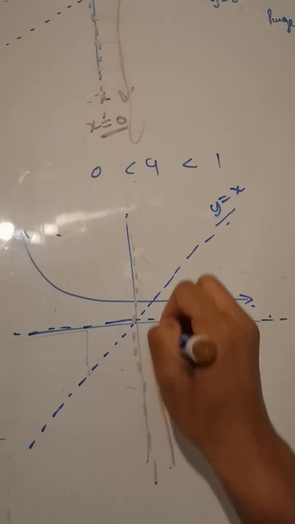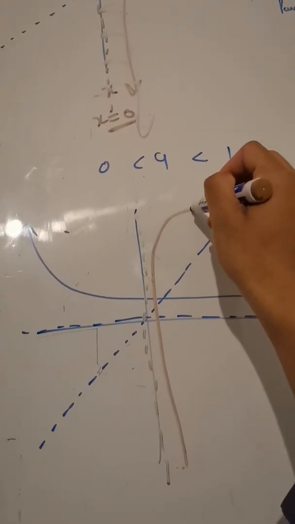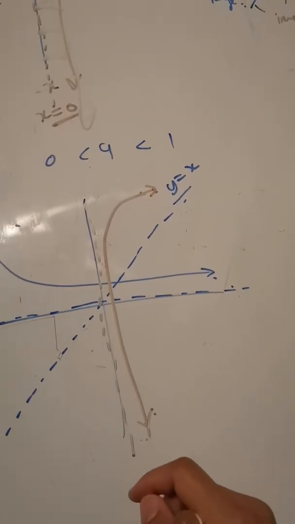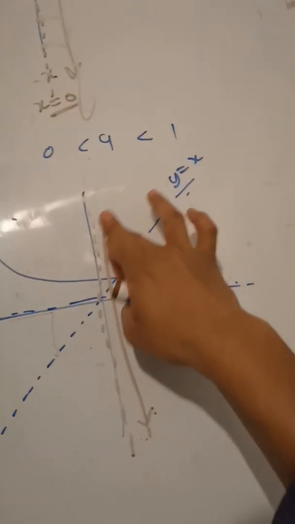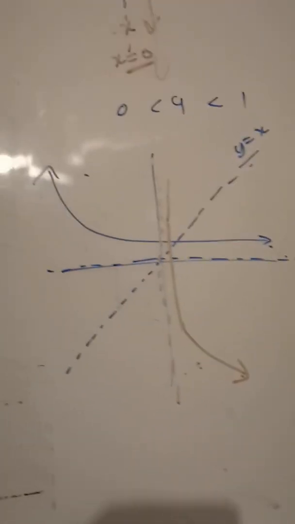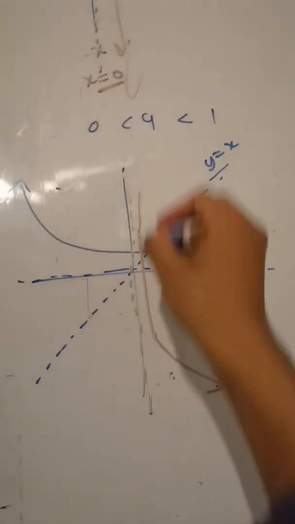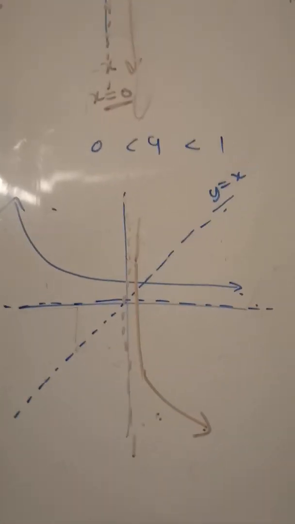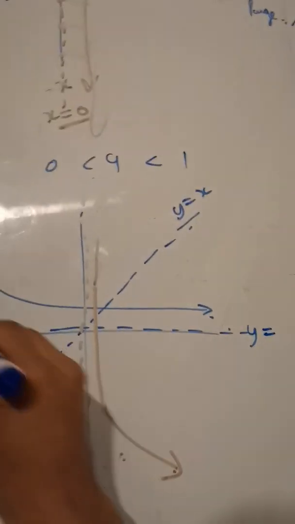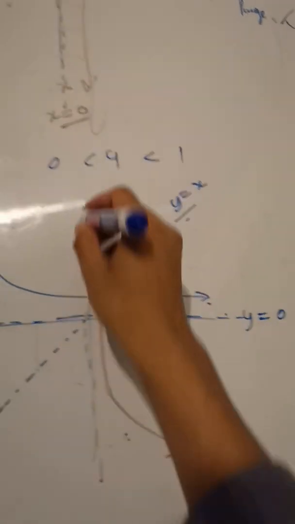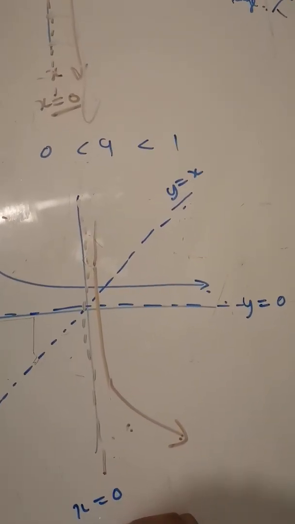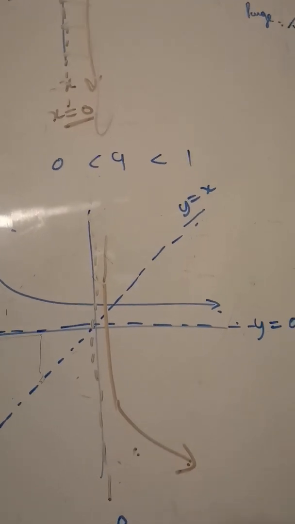So your inverse will look something like that, and again we can get the asymptote. The asymptote of the original graph is y equal to 0. The asymptote of our inverse is x equal to 0. You understand? And we can again get the domain and the range.